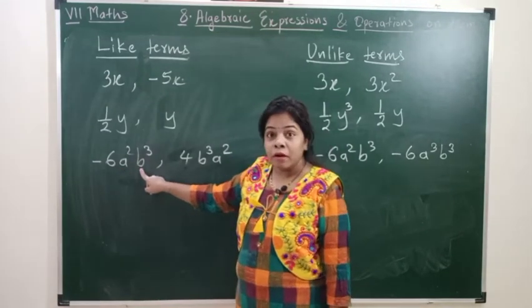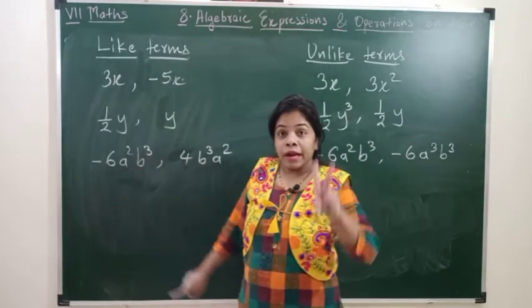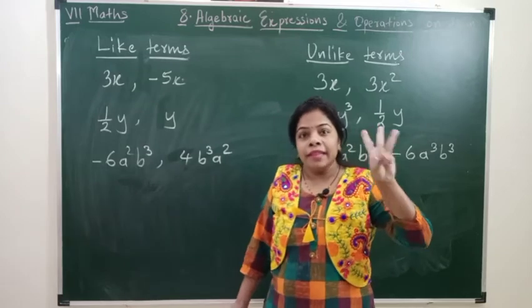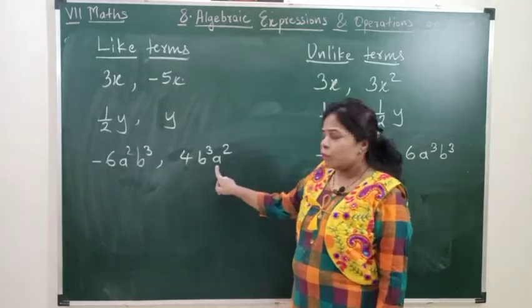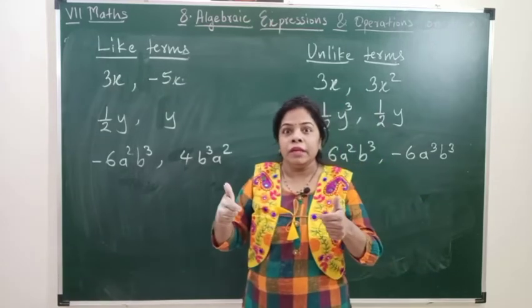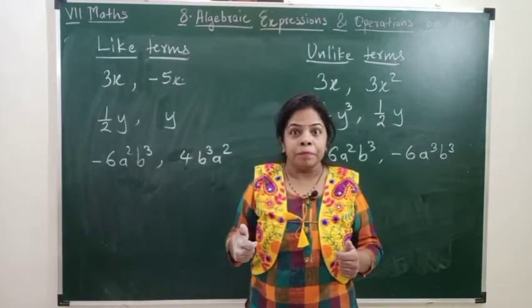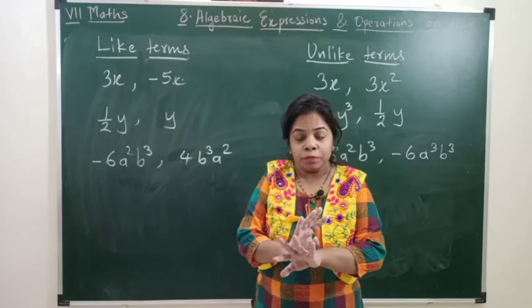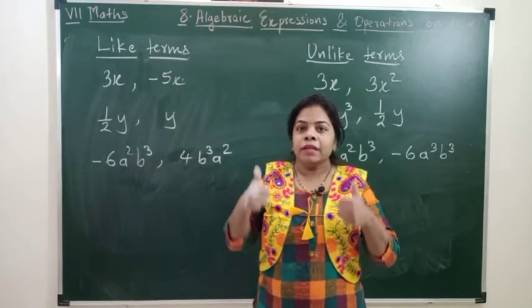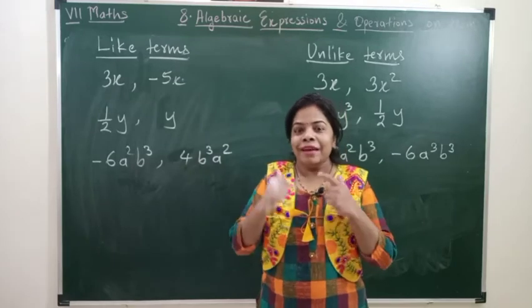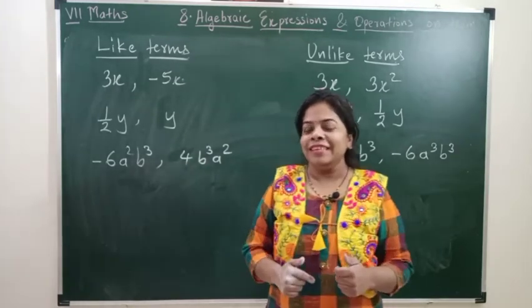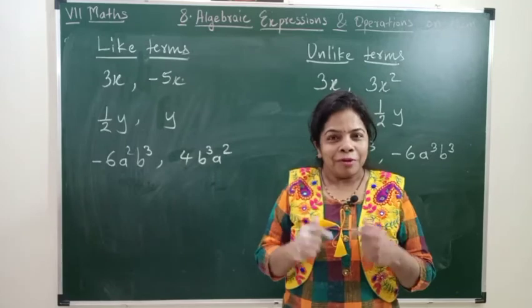How many b terms? 3. There are 2 a terms and 3 b terms. Same here, 3 b terms and 2 a terms. So it is same children. Only we have interchanged. But the alphabets are same in number. So they are like terms. Sometimes you will get confused children. So don't get confused. Okay.